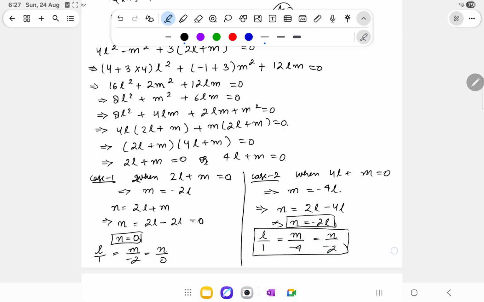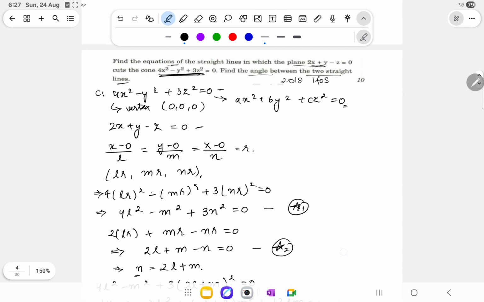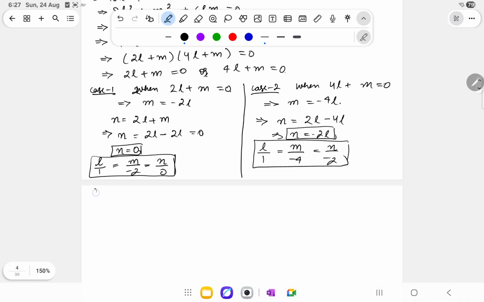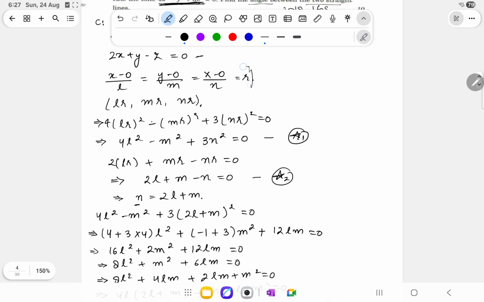These are basically my two generator lines which we get when this plane cuts the cone. We are supposed to find the equation of the straight lines. So the two straight lines are x by 1 equals to y by minus 2 equals to z by 0, and x by 1 equals to y by minus 4 equals to z by minus 2. I got this because my two straight lines will also be passing via the vertex.